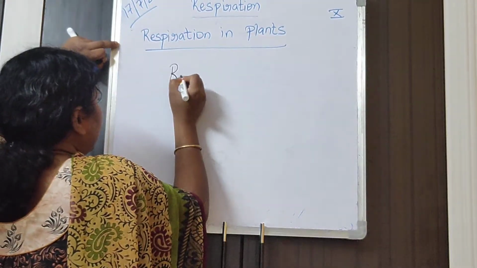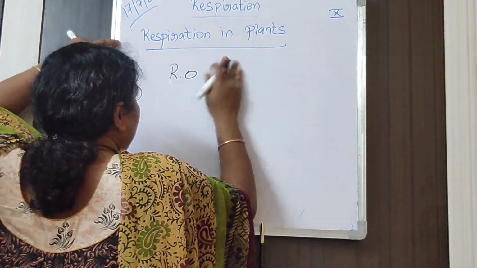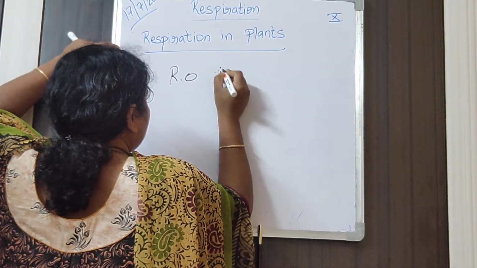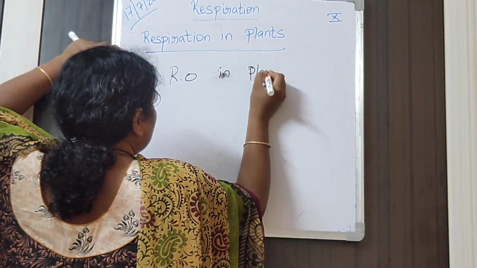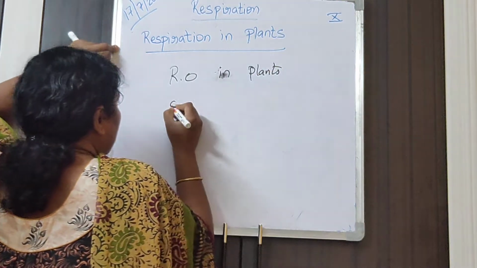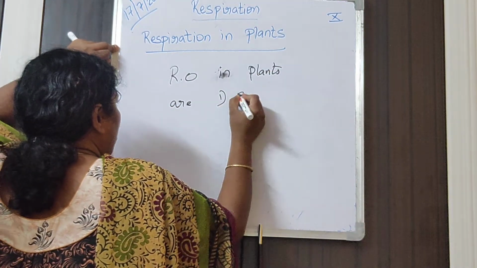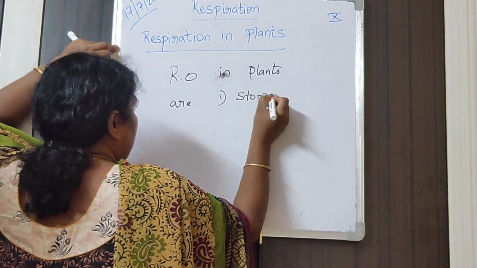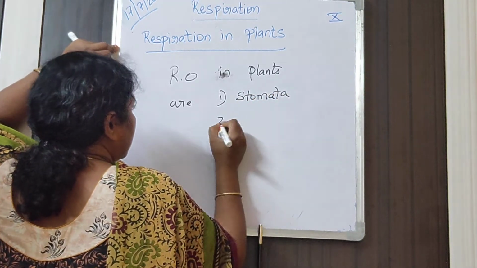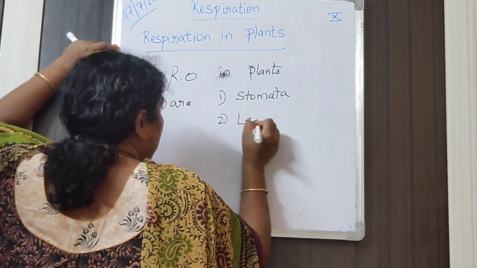So the respiratory organs in plants are: one, stomata; two, lenticels.